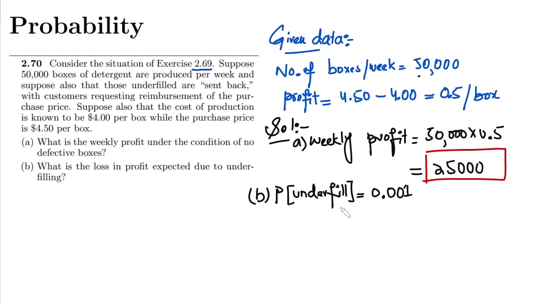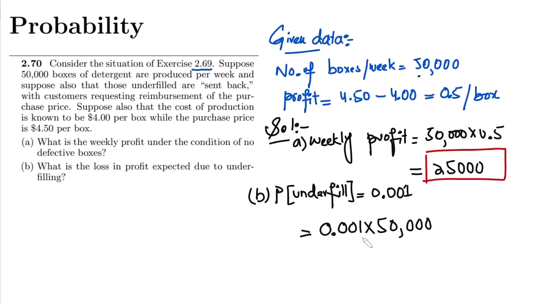As the probability is already given, the total number of boxes which can be underfilled per week can be calculated by 0.001 multiplied by 50,000.